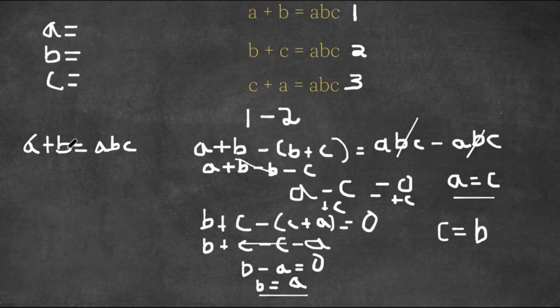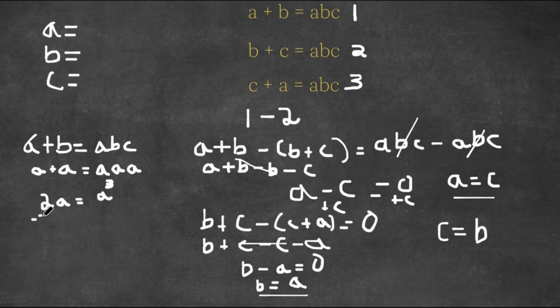Well, because a is equal to b and c, we could do a plus a equals a times a times a. Now, a plus a is 2a, and a times a times a is a to the power of 3.